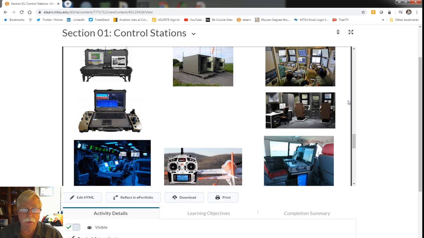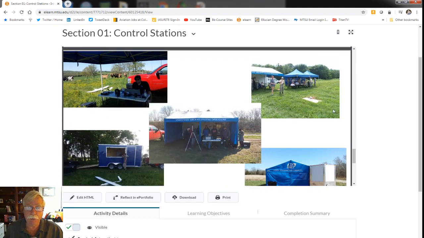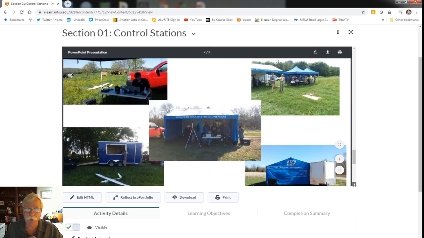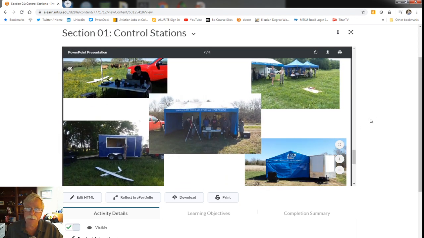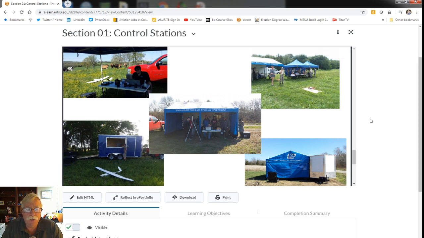And the only other thing is I just pulled up some pictures. These are some of the ground control stations that we have here within the department. It could be something as simple as a pop-up awning that we put up for shade. We do have two ground control station trailers, a white one and a new blue one.